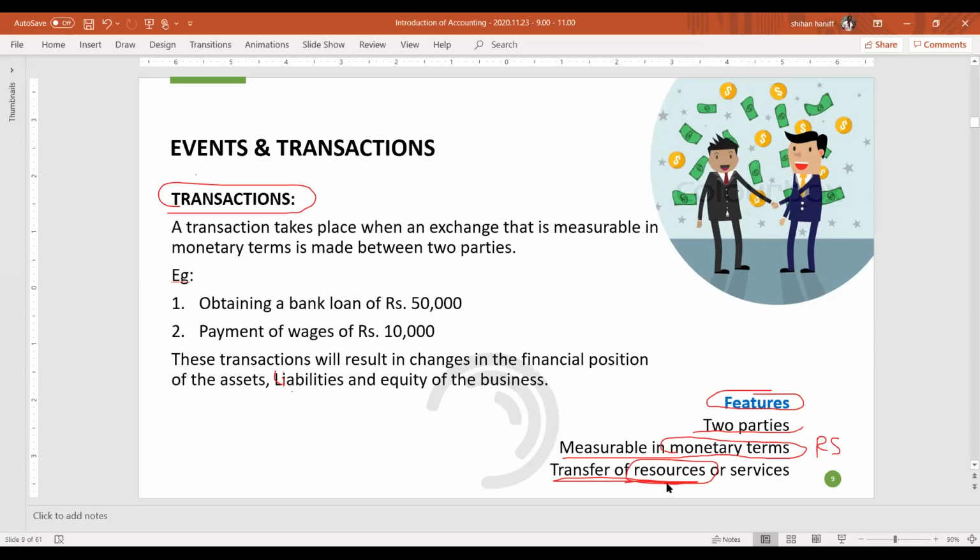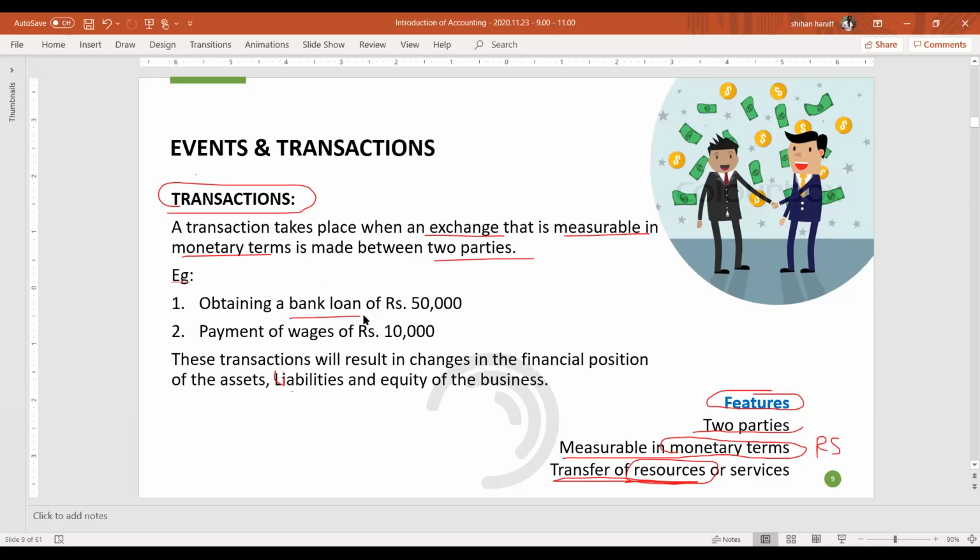A transaction takes place when an exchange that is measurable in monetary terms is made between two parties. Same thing only given here. Exchange measurable in monetary terms between two parties.